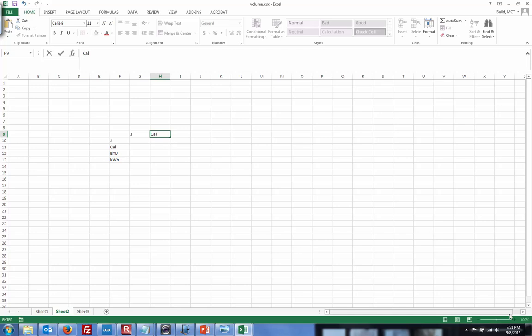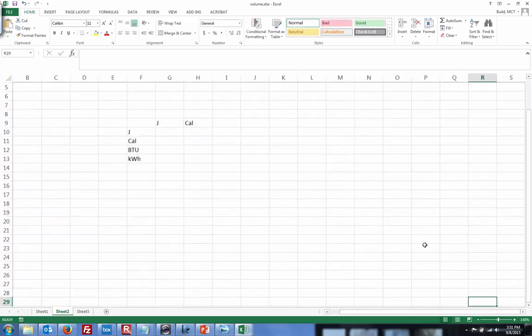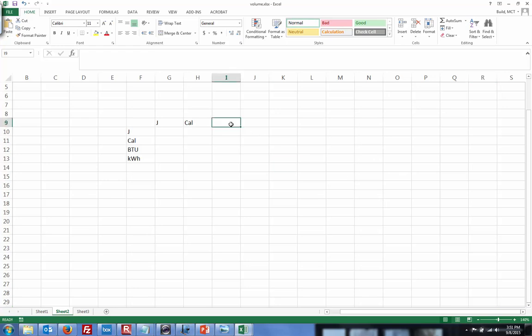I'll make this a little bit bigger. BTUs, kilowatt hours. And so obviously these numbers are just 1 along this diagonal. Come here, center that up. Right, 1 calorie is 1 calorie.